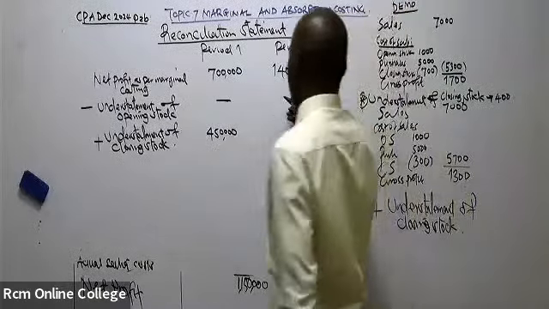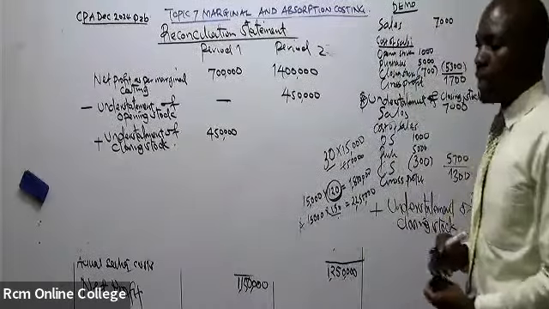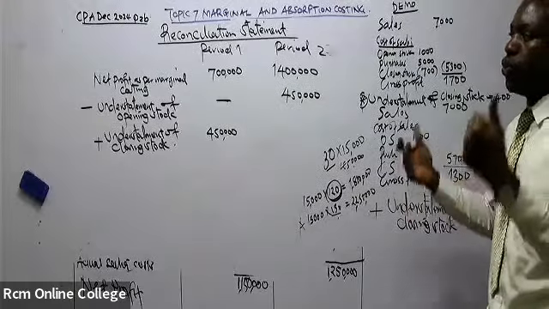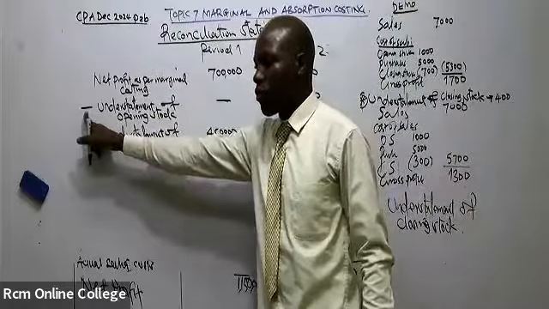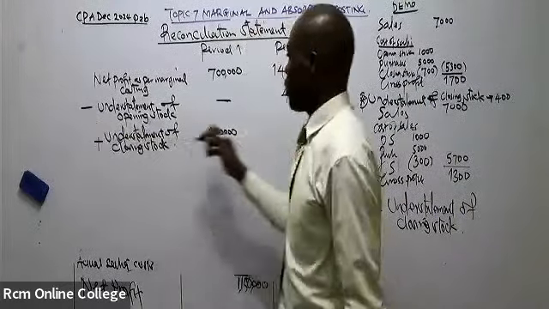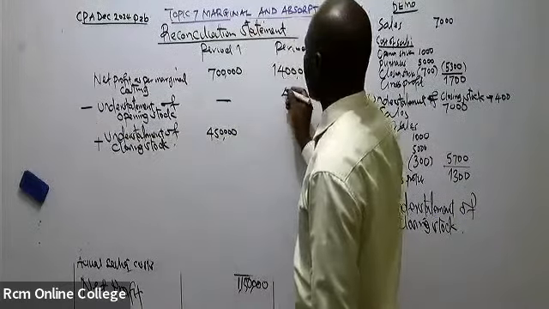Under this part, we are now referring to it as opening stock. What did we say you are supposed to do to the understatement of opening stock? You less. So we are going to deduct this 450.